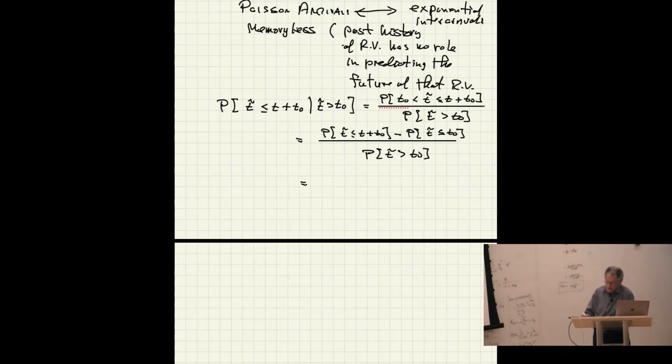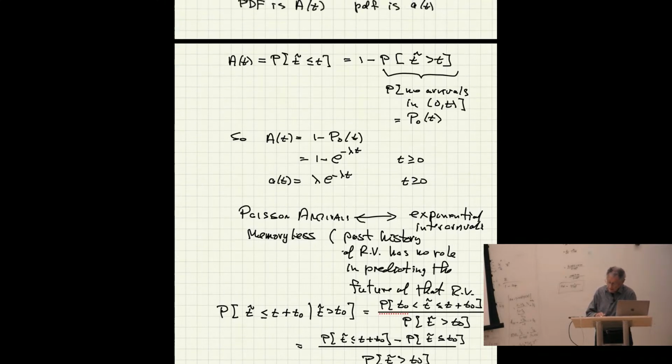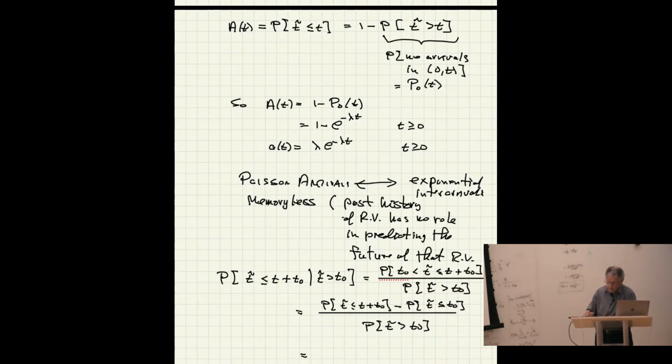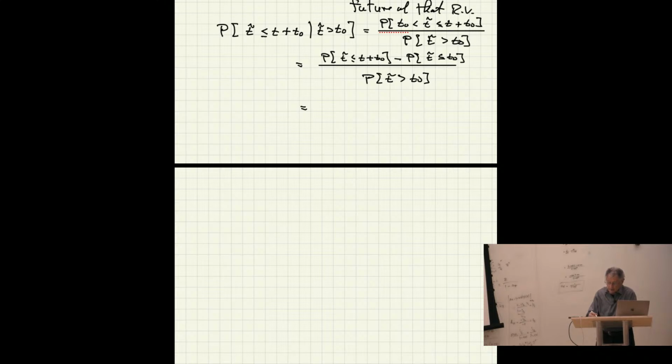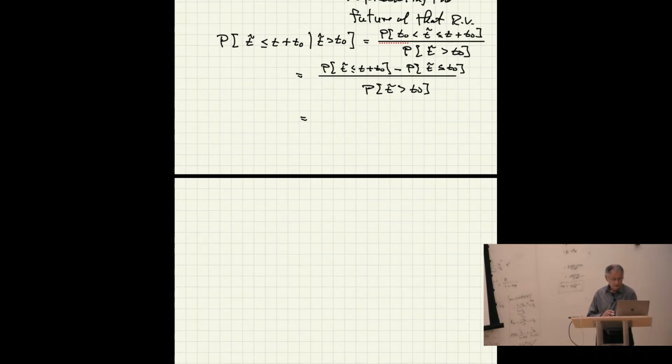Now, as I did in the equation at the top of the page, I'm going to say the probability of less than or equal to is 1 minus the probability of greater than.